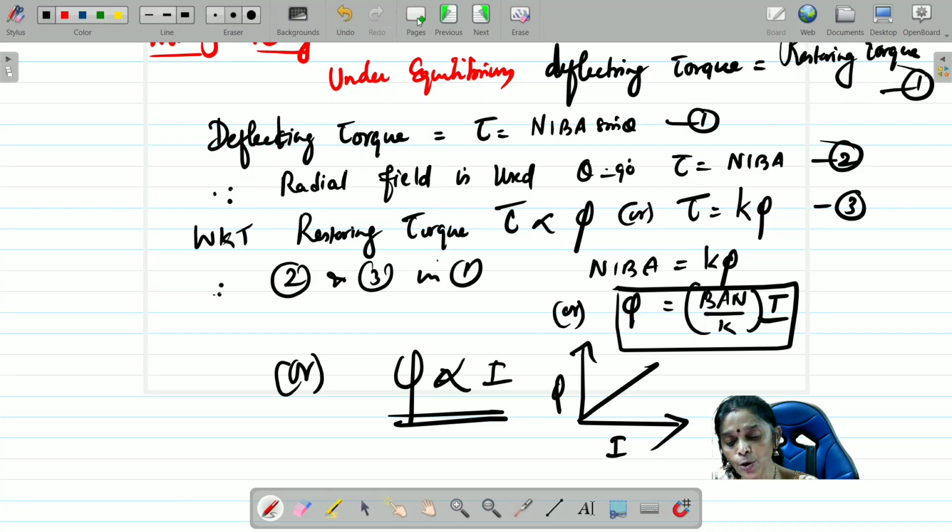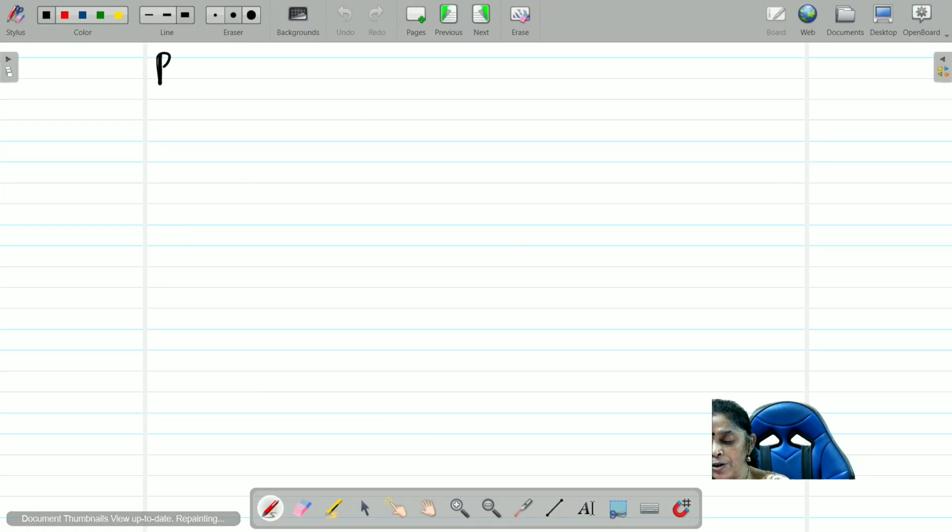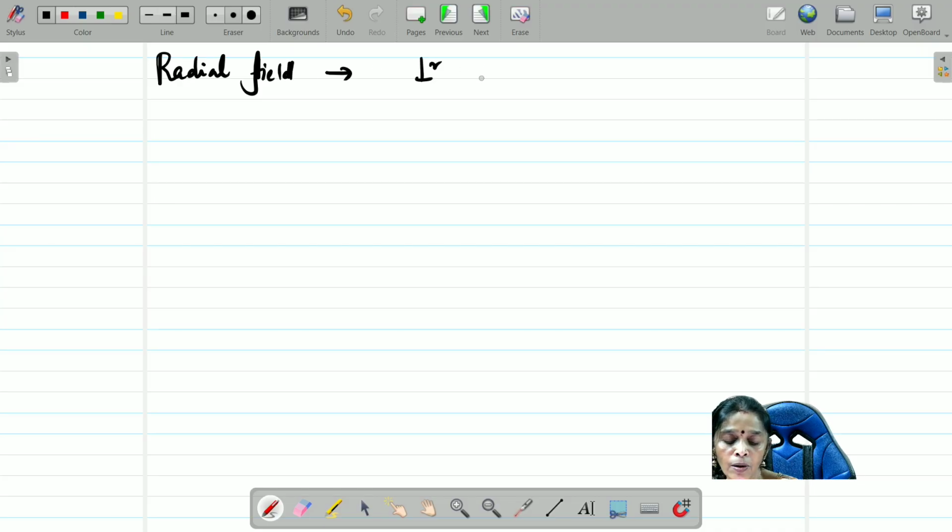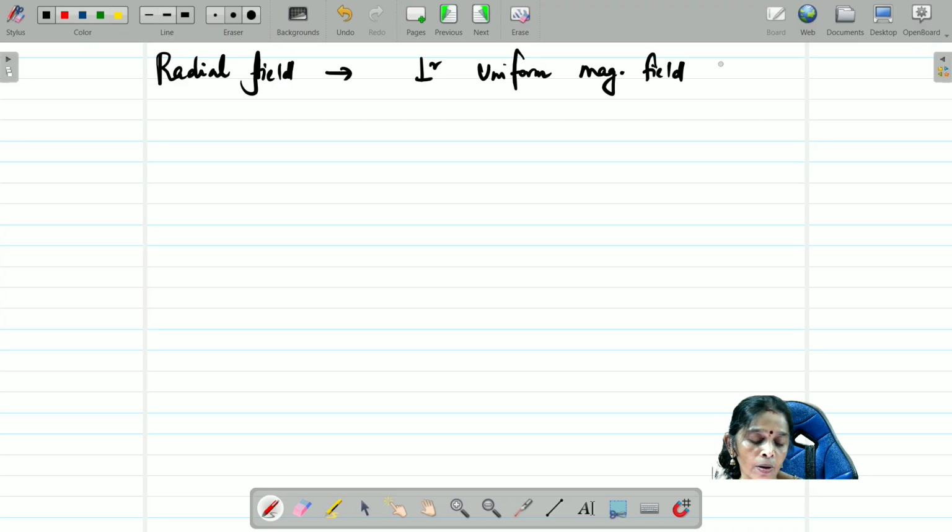But you have to know what a radial field means. There are certain terms you have to know. Radial field is nothing but a perpendicular, uniform magnetic field, in which torque is maximum and scale is linear.